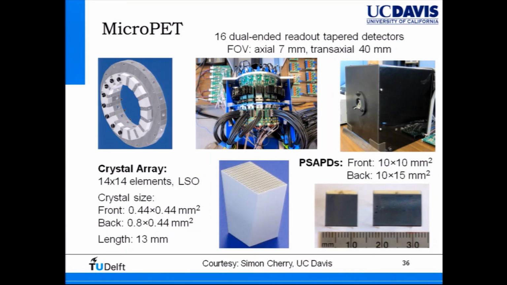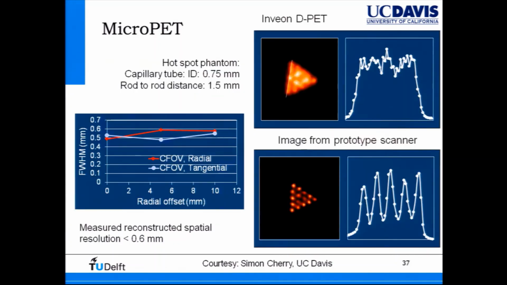Again, a variety of the new semiconductor photosensors to read out these crystals in an efficient way. And some of his latest results are very, very impressive. This gives you an image of a micro-resolution phantom, where he achieved a resolution of less than 0.6 millimeters, in fact. I think that's really, really impressive.